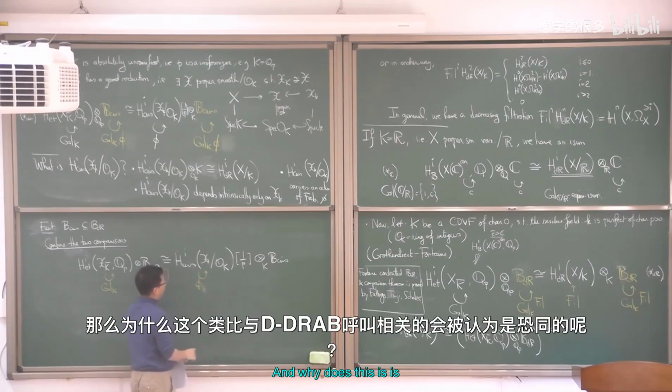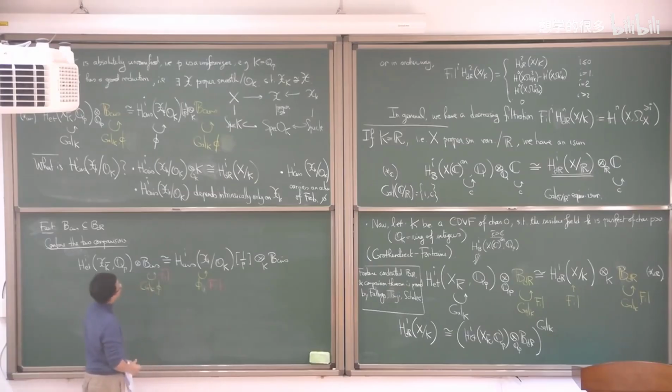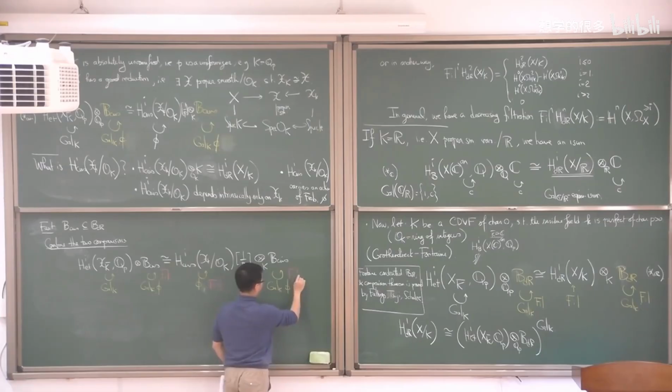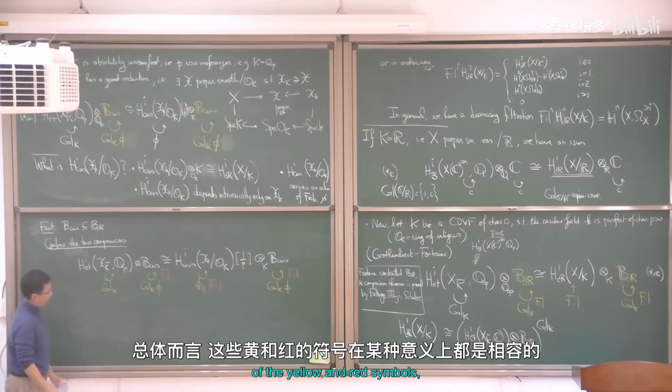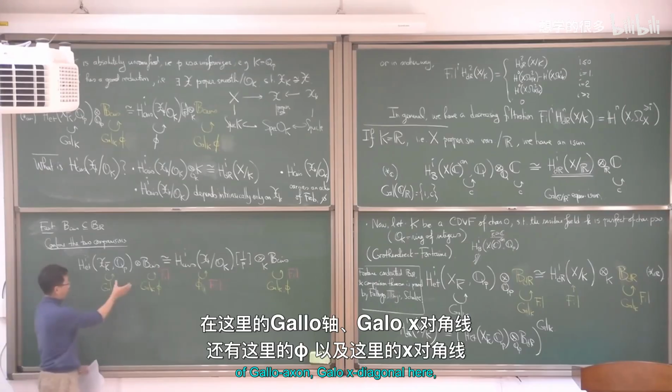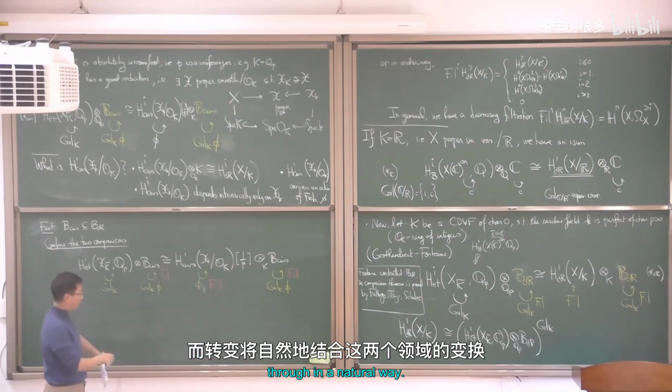And via this isomorphism with the de Rham cohomology, this one naturally inherits a filtration coming from the de Rham cohomology. And similarly, this one has a phi. And all these symbols, the yellow and red ones, are compatible in the sense that Galois acts diagonally, the phi acts diagonally, and the filtration will be the combination of the two filtrations in a natural way.